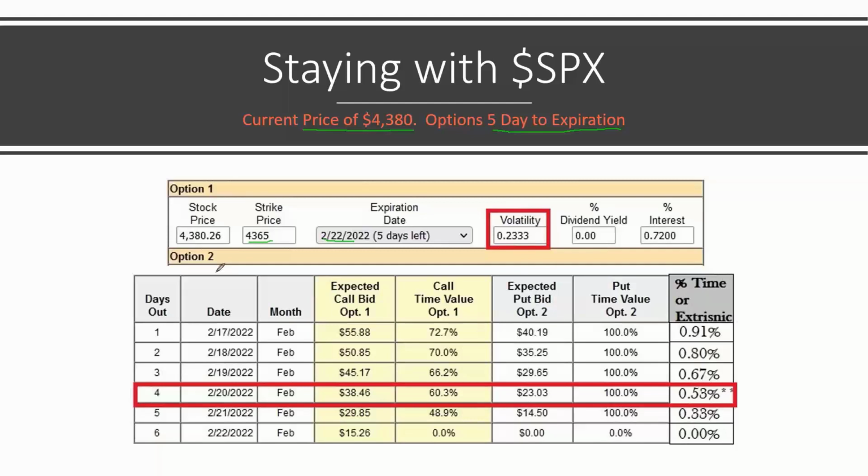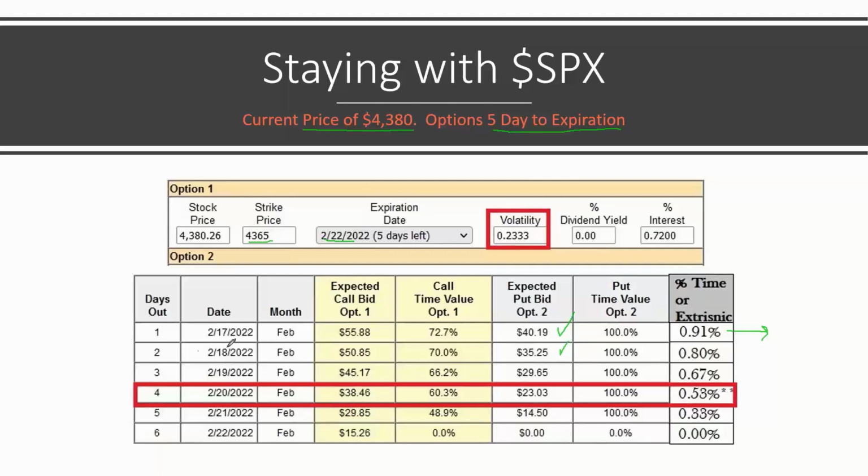The prices look the same, don't they? 15 points out of the money relative to where Lisa's 4,570 put was at the close of day on February 9th, even though she saw it at 46.07 at the open, which is about 30 points out of the money. But 15 points out of the money, 5 days to go to expiration, expected put bid of $40. It's all time value, but that's 0.91% extrinsic.